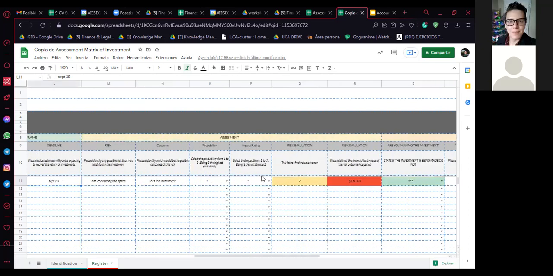After that, you are going to make also the risk assessment, which is what is the risk. Not converting the opens. If you don't convert the opens, then you won't have money. So the outcome is loss of the investment. You will be losing $150. What is the probability of that? The probability will be just one. It's not very high that the investment will fail.